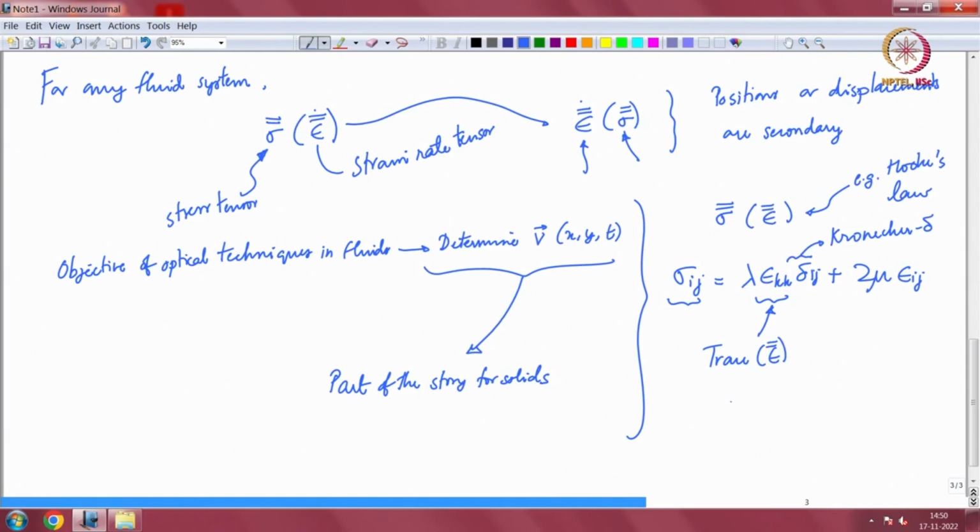Just so that we are all on the same page, the Kronecker delta function is 0 if i is not equal to j and is 1 if i is equal to j. So, it is basically like an identity matrix, okay.